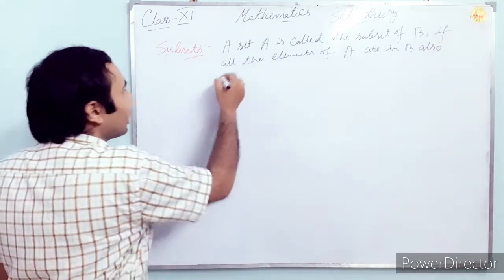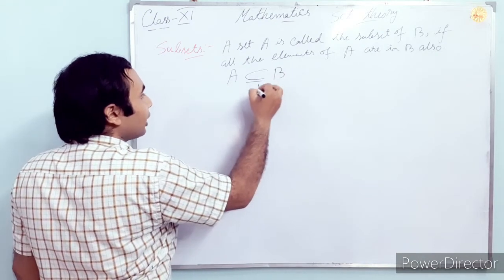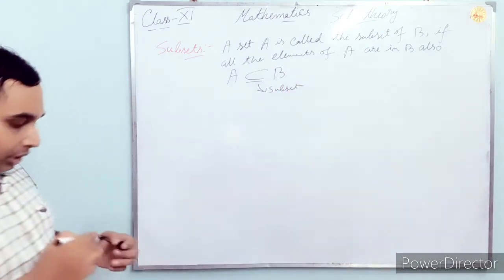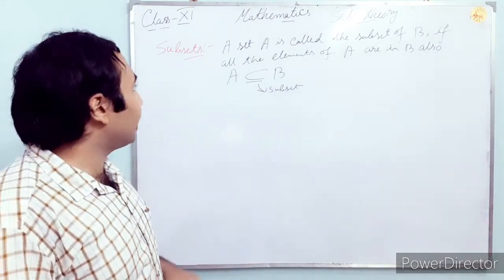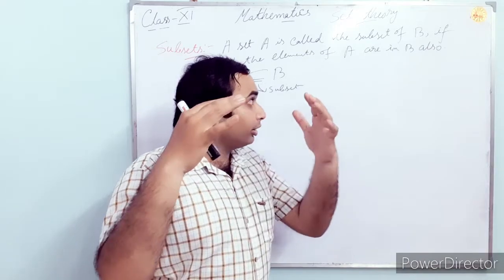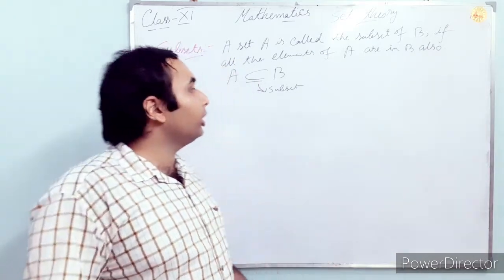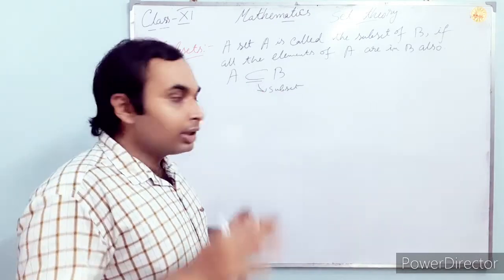It is denoted as A, and this is the sign of subset. A subset of B. If all the elements of A are in the set B, that is, the total set A is in B only, then we can say A is the subset of B.